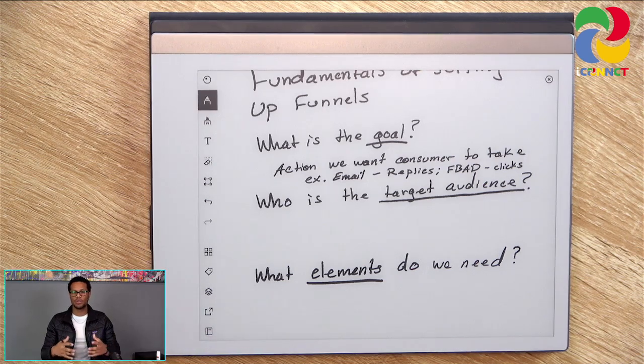What is the goal that we're trying to accomplish here with this marketing campaign, with this funnel that we are setting up? Next, who are we targeting? Now I can go down a rabbit hole. For those of you that know me on here already, you know that I am fascinated by consumer journeys.